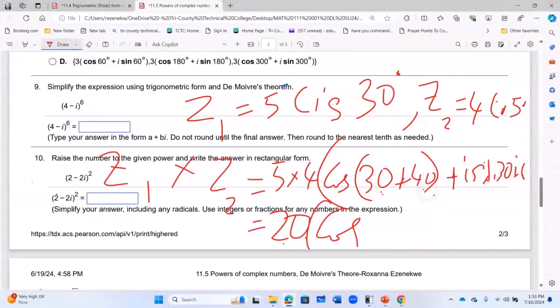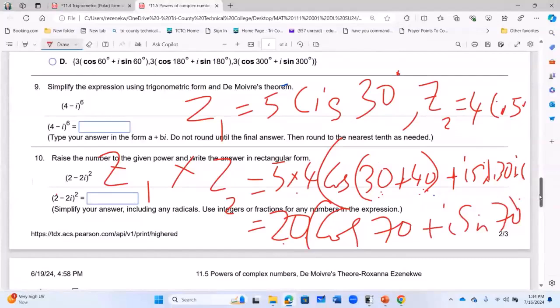Remember, you're multiplying. So modulus multiplied by modulus whenever you're multiplying, angle plus angle. All right. So I have 70 degrees here plus i sine 70 degrees. Okay.